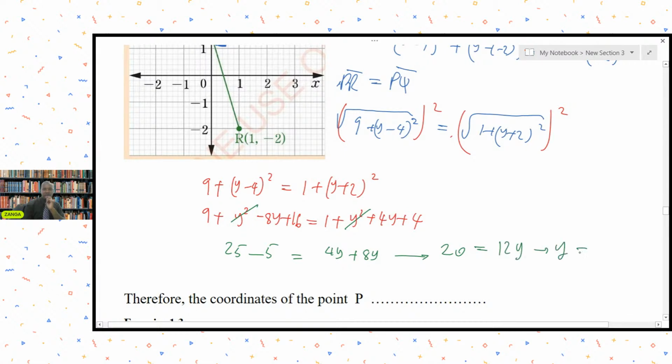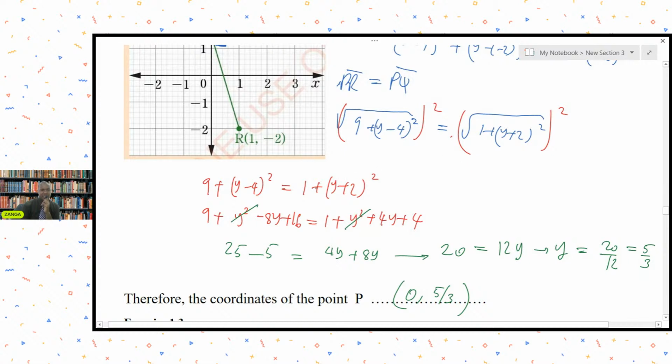And the value of y will be equal to 20 divided by 12. By 4 will be 5, by 4 will be 3. So the coordinates of point P is going to be 0, 5 over 3. That is the coordinate of point P.